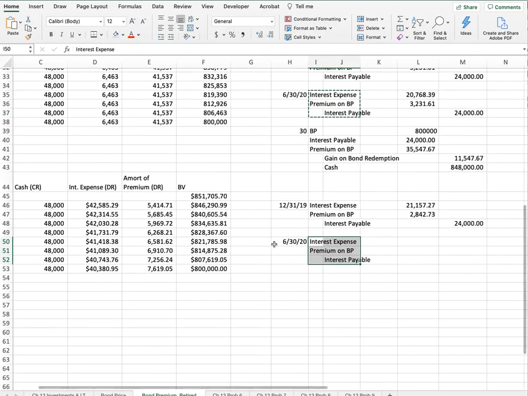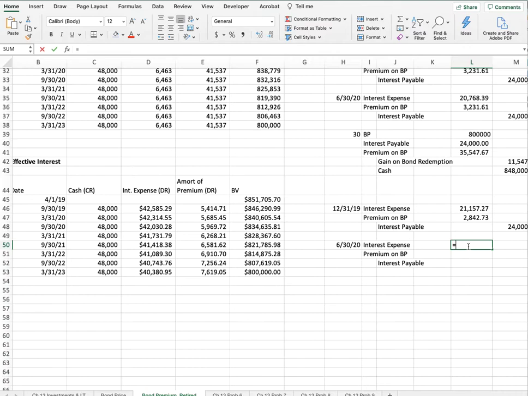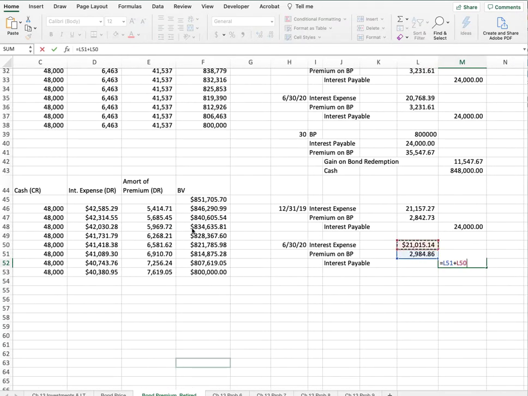So on 6/30, we're dealing with our accrual of interest, and so we'll say that this is equal to our September 30th interest expense divided by 2. Our premium is equal to our September 30th premium divided by 2. And that should still give us the same 24,000.